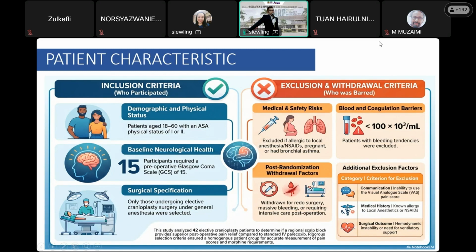Particularly those patients with reduced surgery, or those patients who have massive bleeding after surgery, or require intensive care post operation, meaning that the patient is not able to actually perform the visual analog score postoperatively, or if the patient has hemodynamic instability or needs ventilator support post surgery, then we have to remove them from the study.